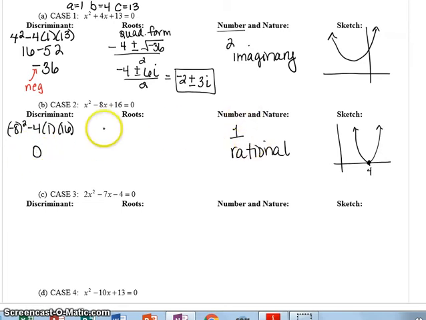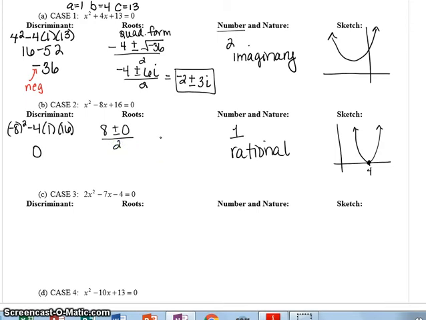To find the root, the opposite of b, so it'd be positive 8, plus or minus the square root of 0, which is 0, all over 2 times a, which is 2. Okay?